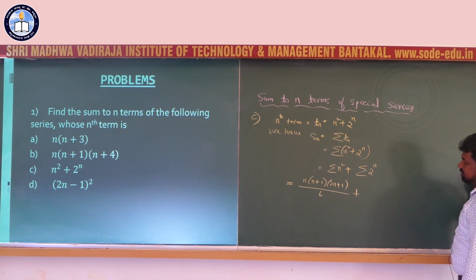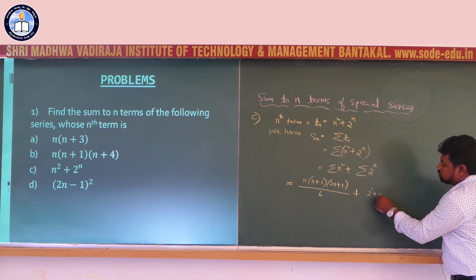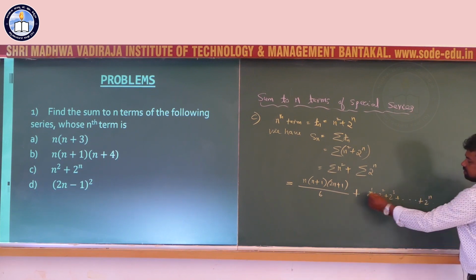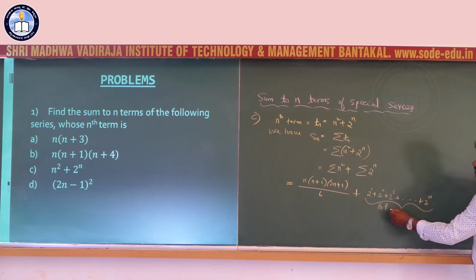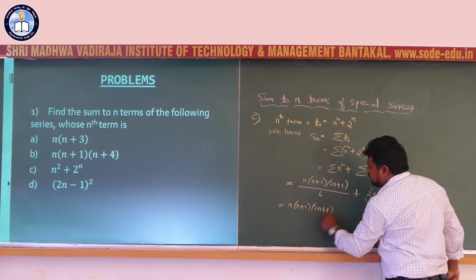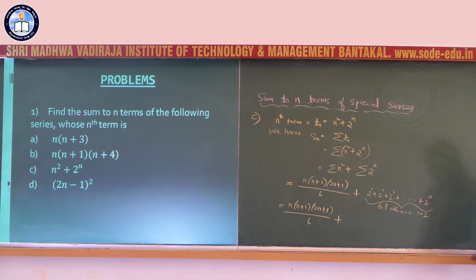summation 2 power n, that is 2 power 1 plus 2 power 2 plus 2 power 3 up to 2 power n. This is a geometric progression with the first term 2, and common ratio also 2. Therefore, that is equal to n into n plus 1 into 2n plus 1 by 6 plus, what is the sum of first n terms of the geometric progression? a into r power n minus 1 by r minus 1 for r greater than 1.